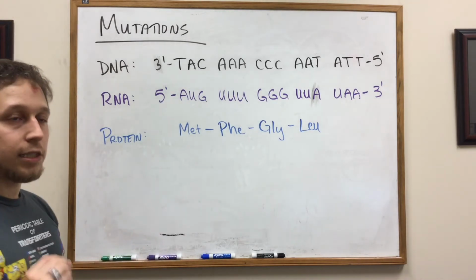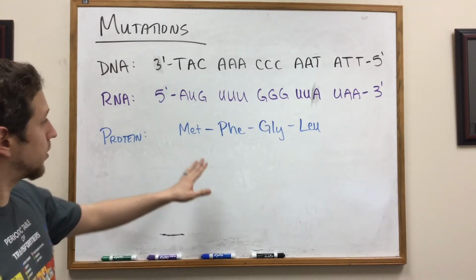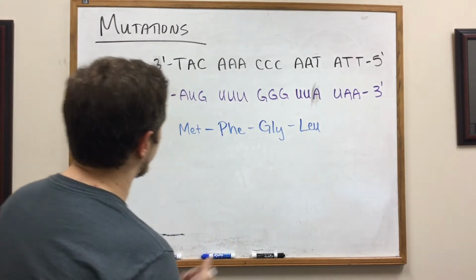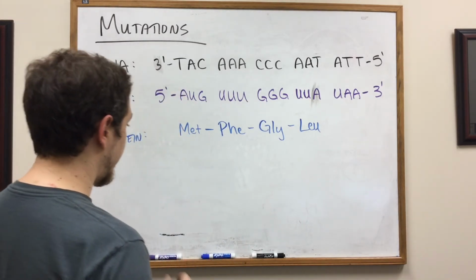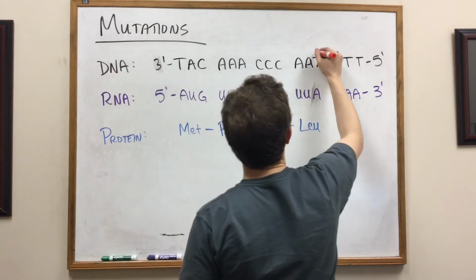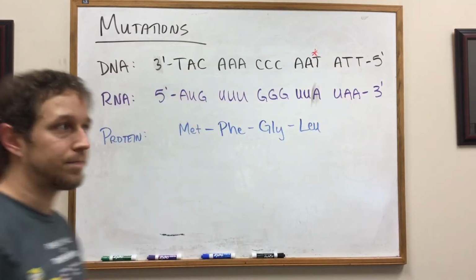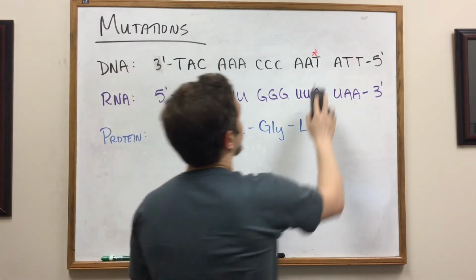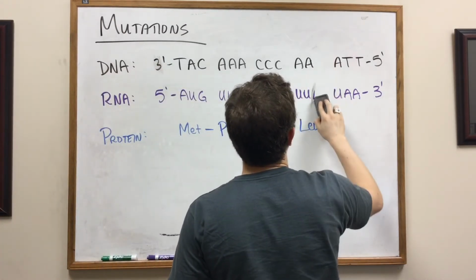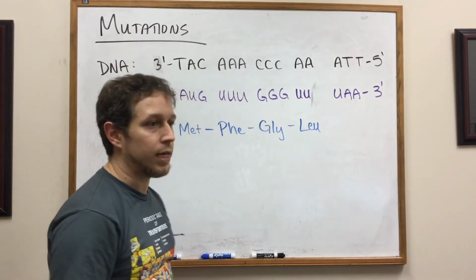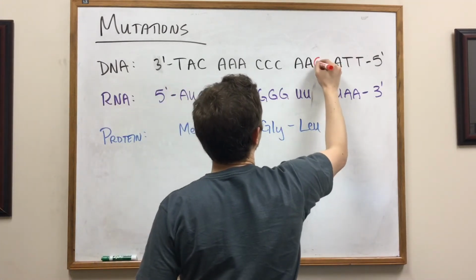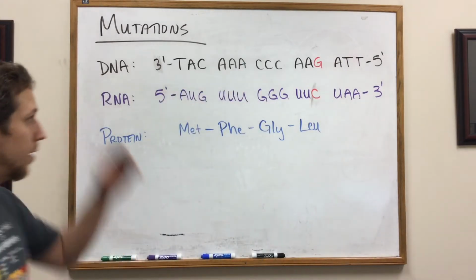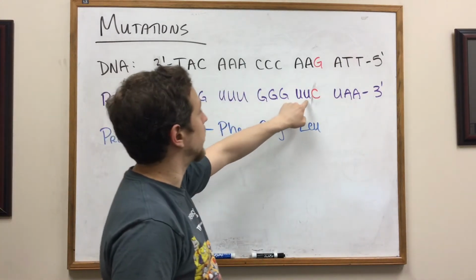Now, let's look at a missense. So we looked at a silent mutation, no change to the amino acid sequence. Okay, so now, let's go ahead and again we're going to mutate this thymine to a guanine, which is going to then mutate our RNA to have the sequence here, UUC.